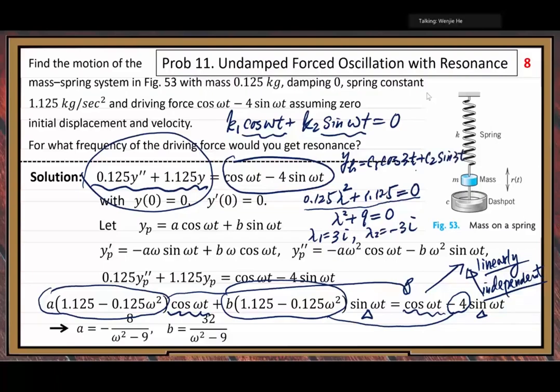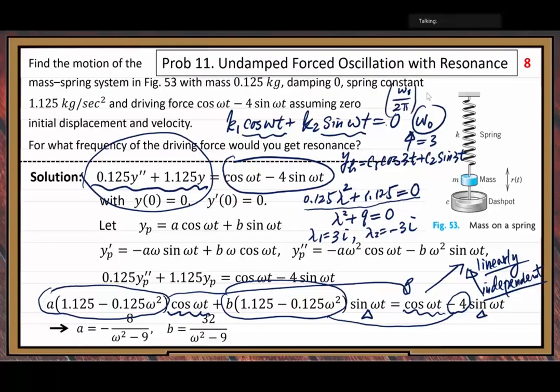So this is omega 0, and omega 0 equals 3. From your system, this omega 0 corresponds to the natural frequency. Although the definition of natural frequency should be omega 0 over 2 pi.